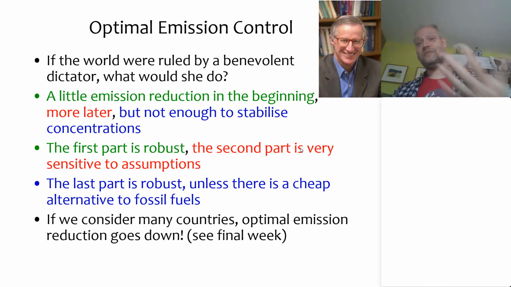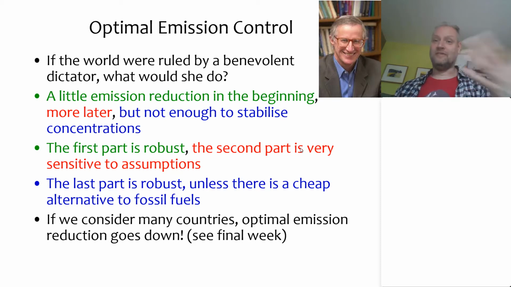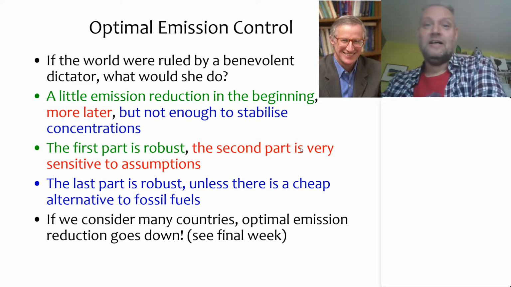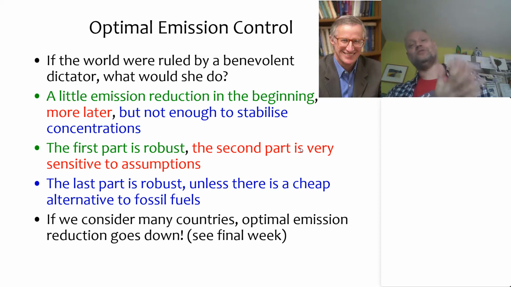And then the week after, we're going to look at, because Nordhaus essentially assumed that the whole world was ruled by a benevolent dictator, a philosopher queen, but that's of course not realistic, what would happen if there's many countries, and what we expect is that optimal emission reduction goes down if there's many countries. But before we do that, we are going to look at what happens if climate policy does not just affect climate change, but affects other environmental problems as well.